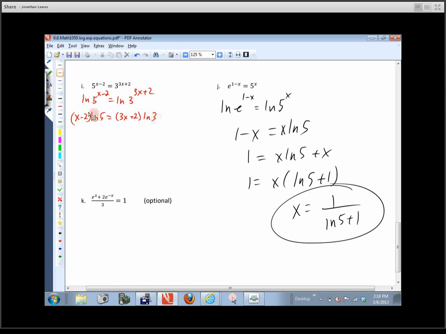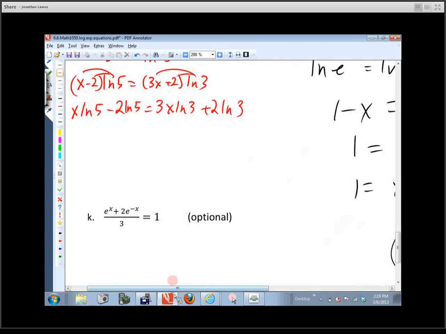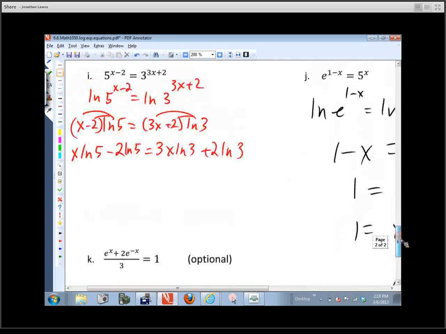What next? Distribute through. So we're going to distribute through here and here. So that gives me x ln 5 minus 2 ln 5 equals 3x ln 3 plus 2 ln 3. Next.